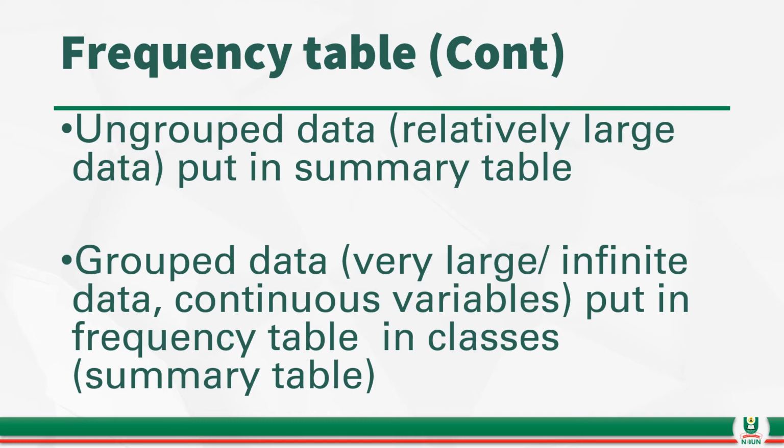However, in grouped data, it's much larger than ungrouped data. And it could be in what we call continuous variable. So you have to put it in a summary table in classes. So as we go on, you will see the difference.